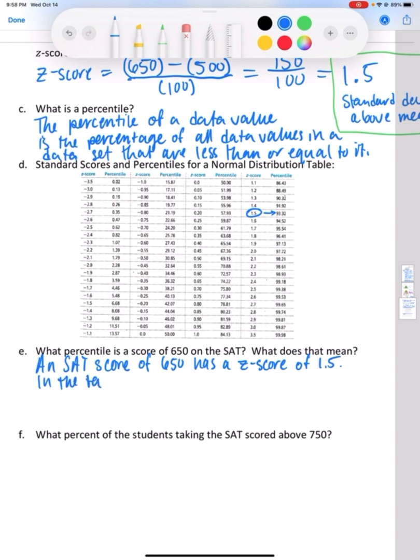In the table, 1.5 corresponds with 93.32, so it's the 93.32nd percentile.